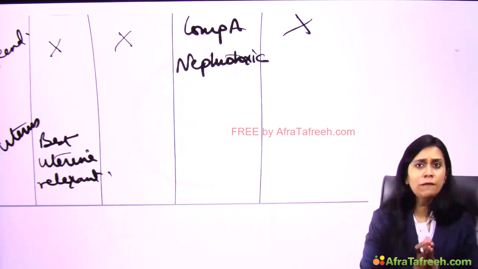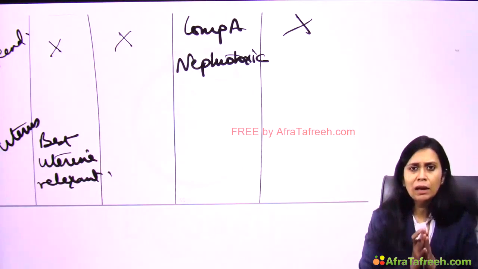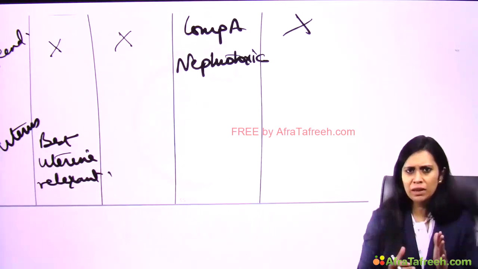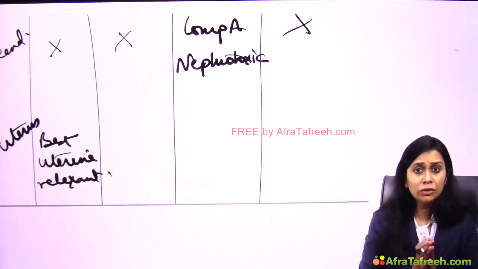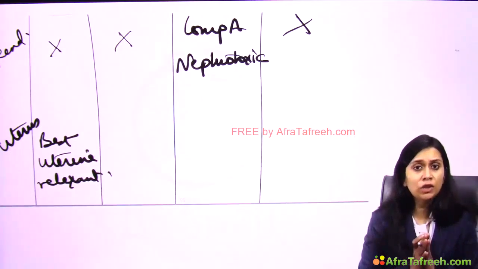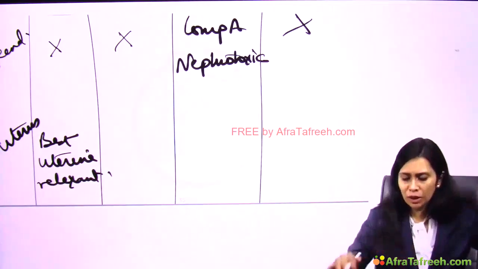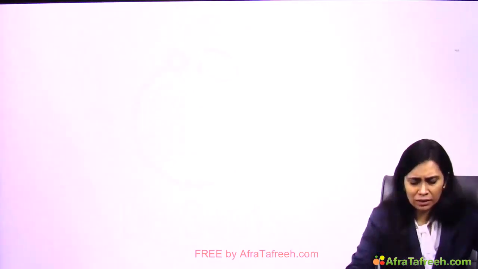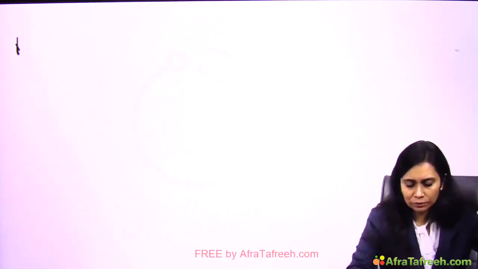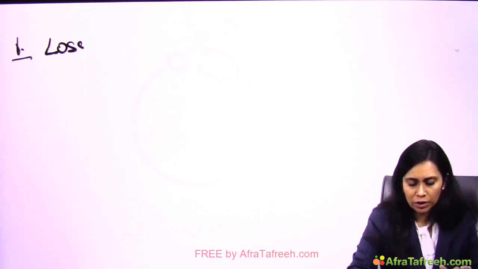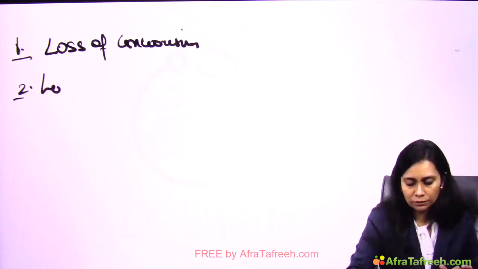Before finishing off the pharmacodynamic properties, let me just tabulate the effect of these inhalation agents on different components of general anesthesia. What were the 5 components of general anesthesia? Let us revise. Number 1, loss of consciousness, right? Then loss of reflex response, right?